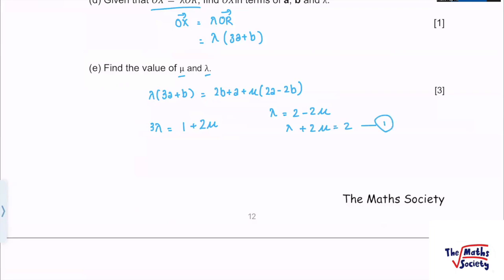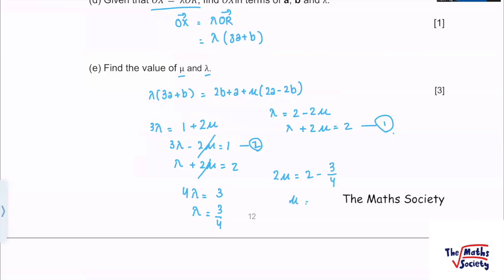That's your second equation, and 3 gamma minus 2 mu equals 1 is your first equation. You bring this one above and add: plus 2 mu equals 2, the mus just cancel out. You get 4 gamma equals 3, so gamma equals 3 by 4. So 2 mu is going to equal 2 minus gamma, 2 minus 3 by 4. So mu is just going to equal 5 by 8. So you get your mu and your gamma.